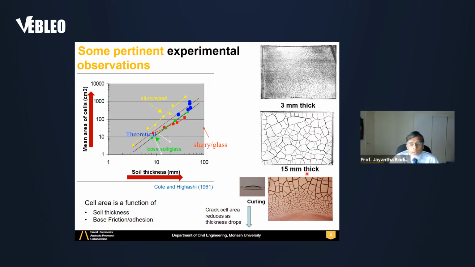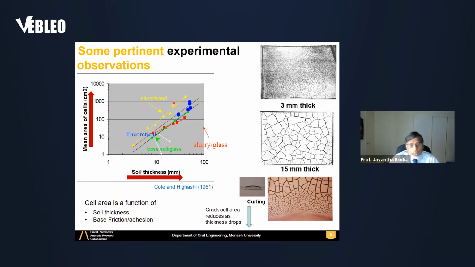The higher the thickness of the clay, the higher the crack spacing. As you can see from this diagram, with soil thickness on the x-axis and mean area of the cell on the y-axis, as soil thickness increases, the mean area of the cells increases as well. In other words, the spacing of the cracks increases.